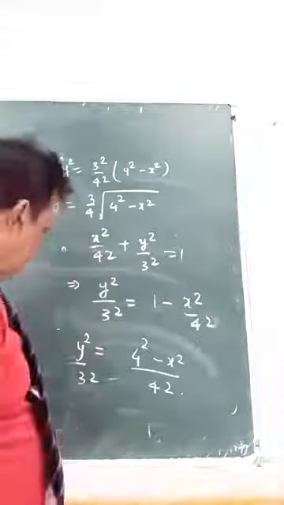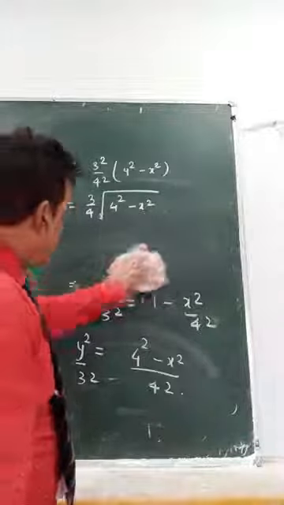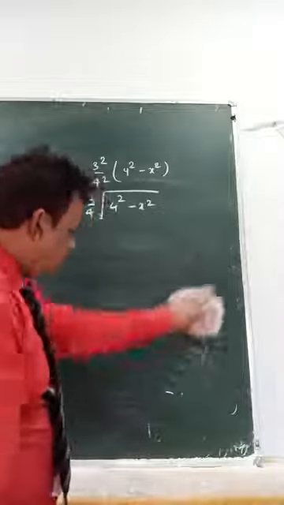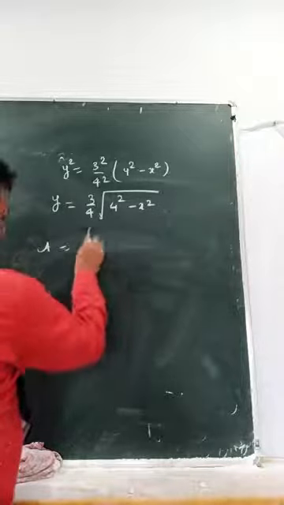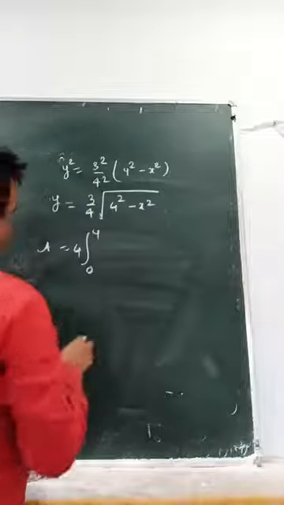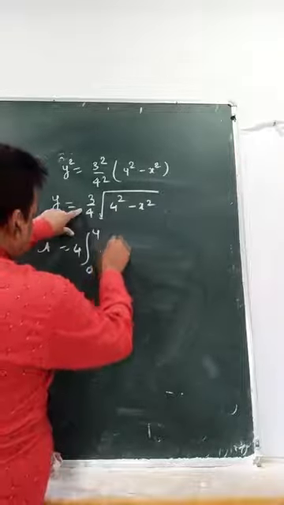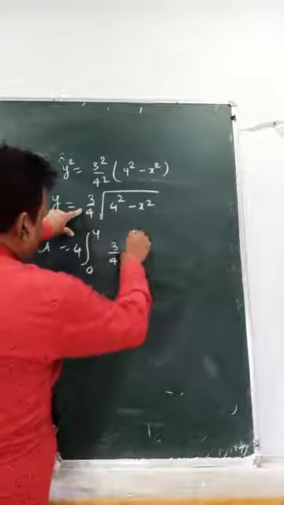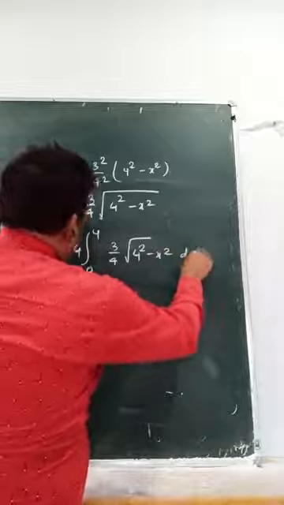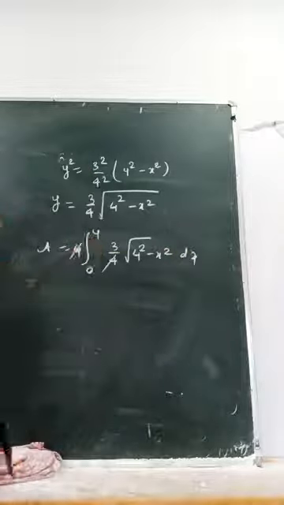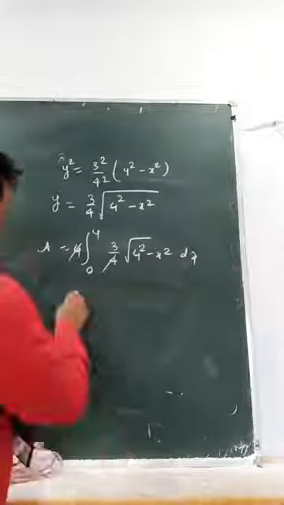So what I have to do now? I have to find the area. 0 to 4, 4 times y dx. y dx means 3 by 4 root over of 4 square minus x square. These 4 they can cancel. Constant 3 comes out.